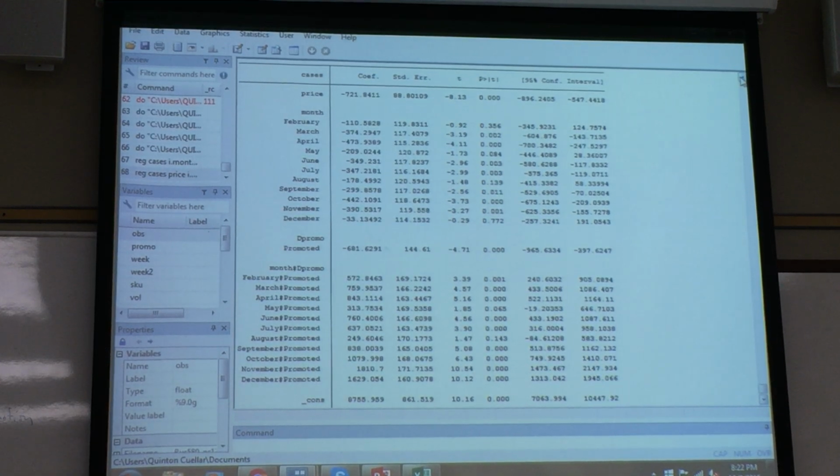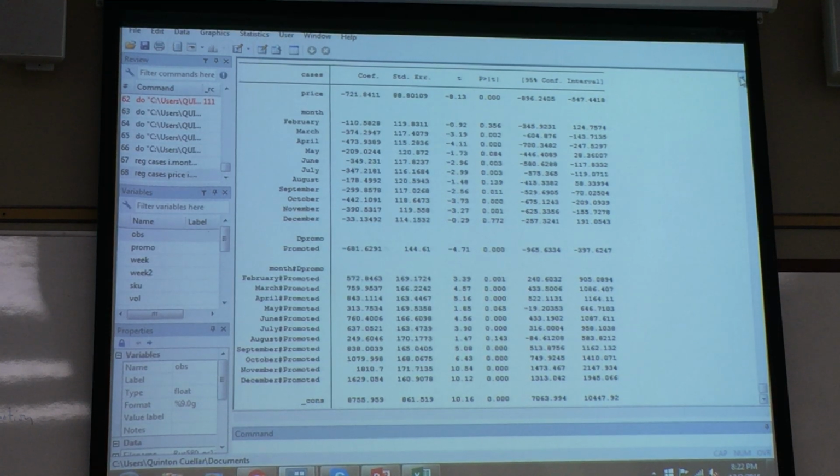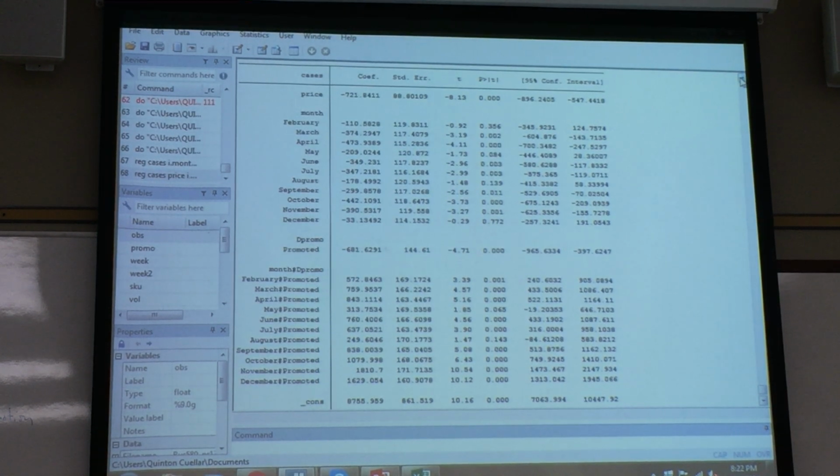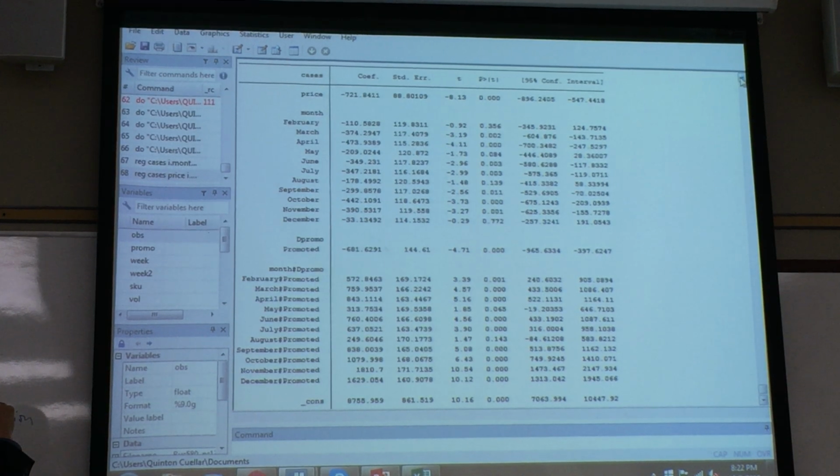Is that the December lift? Yes, as long as you interpret it, finish the sentence. It's the lift in December relative to the lift in January, holding price constant, relative to promoted January. Correct.